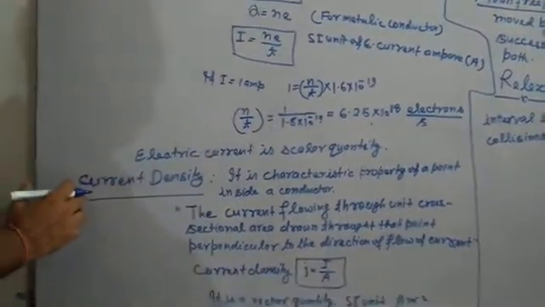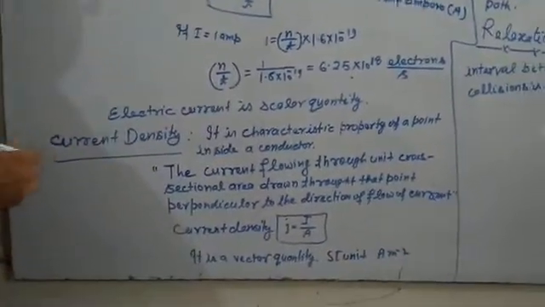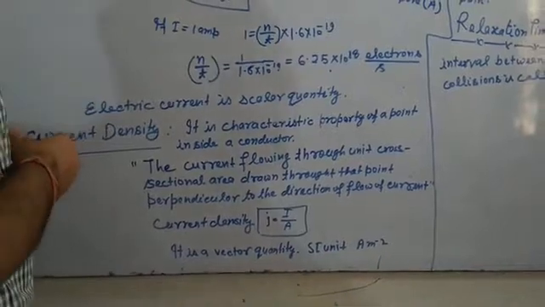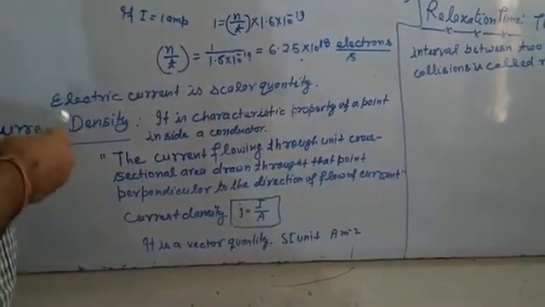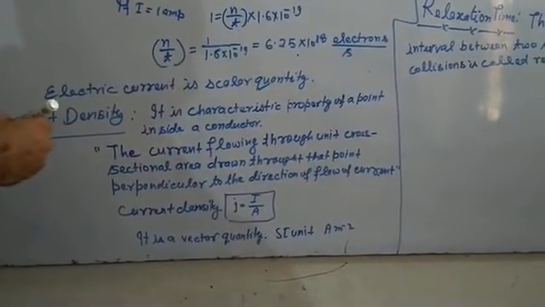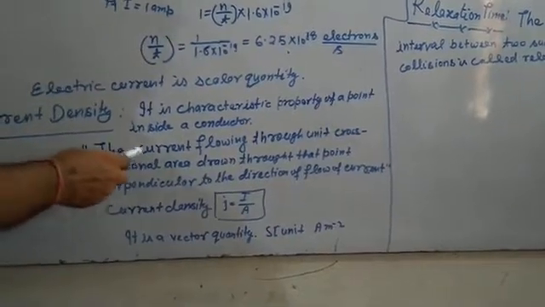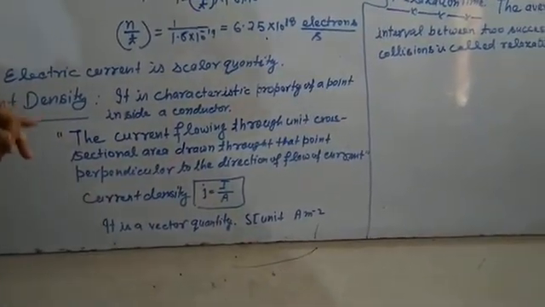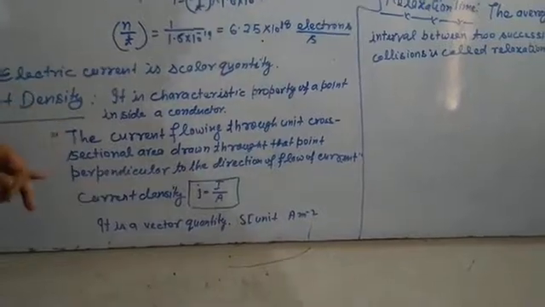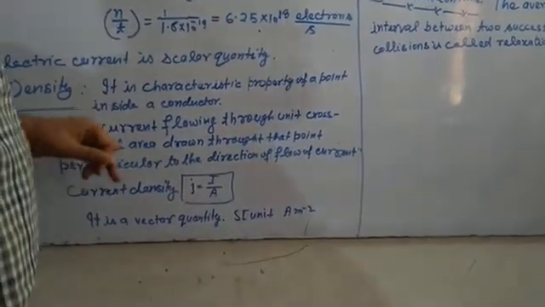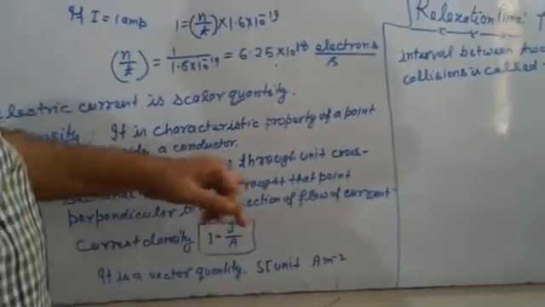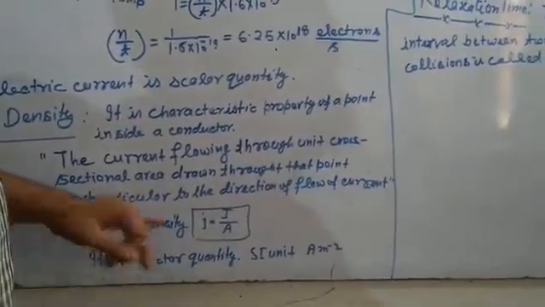Now come on to current density. It is a characteristic property of a point inside a conductor. The current flowing through unit cross-section area drawn through that point, perpendicular to the direction of flow of current, is known as current density.